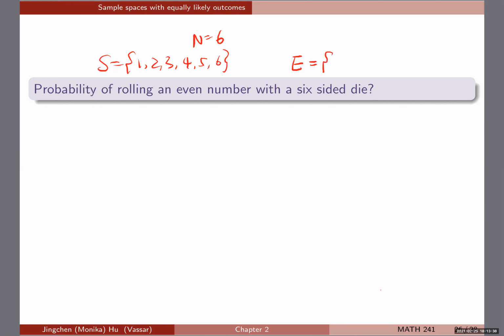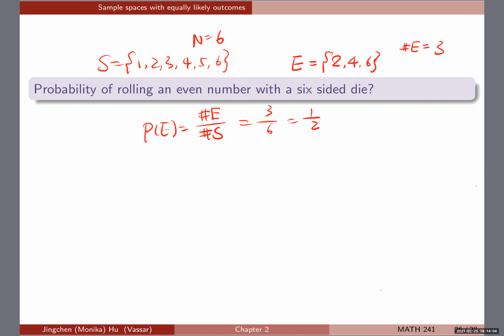What are the outcomes? We can get 2, we can get 4, we can get 6, right? So the cardinality of E, based on what we defined before, is the number of elements, which is 3. If we follow our results, the probability of E is the cardinality of E over the cardinality of S, which is 3 over 6, which is 1 over 2.